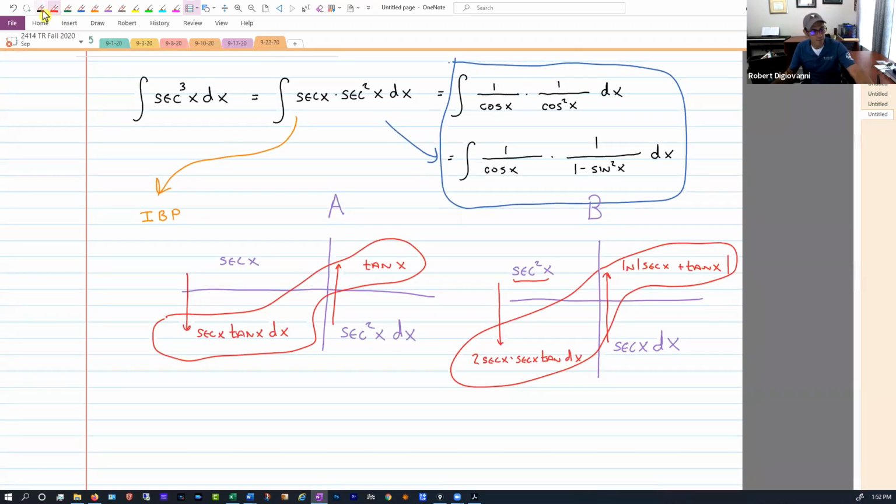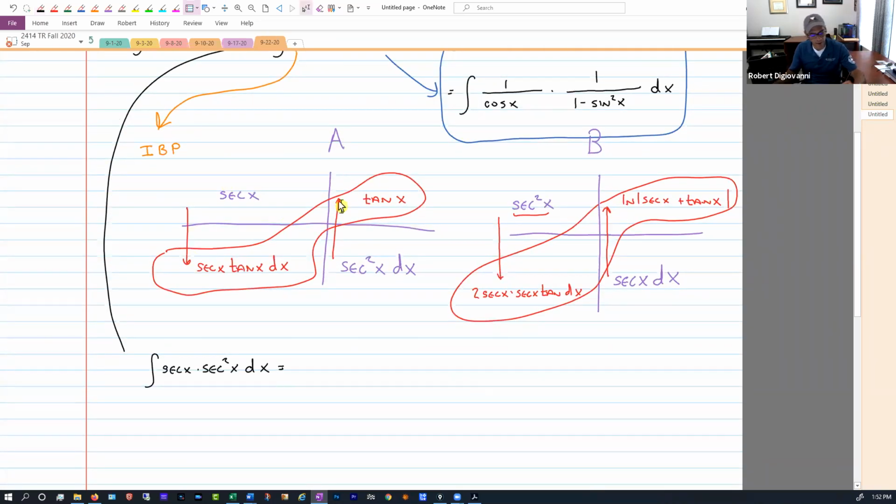We're going to take this integral, and we're going to go integral secant x times secant squared x dx is equal to, according to the integration by parts for A here, it should be uv, which would be secant x tangent x, minus the integral of voodoo.